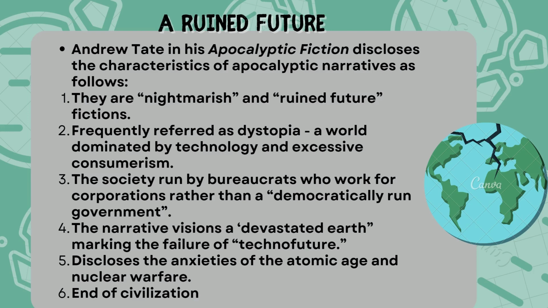And the next thing is the narrative visions a devastated earth, marking the failure of techno future, and it discloses the anxieties of the atomic age and nuclear warfare, and obviously it marks the end of civilization. So here these are the basic characteristic features of a ruined future as expressed in an apocalyptic or post-apocalyptic narrative.